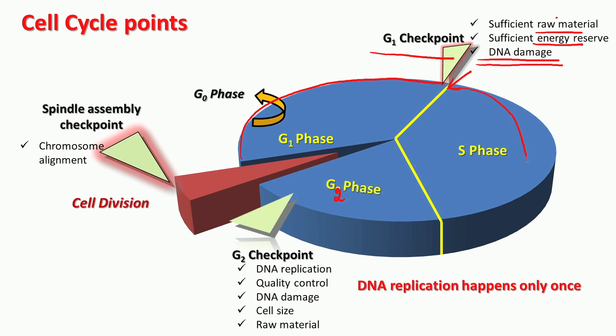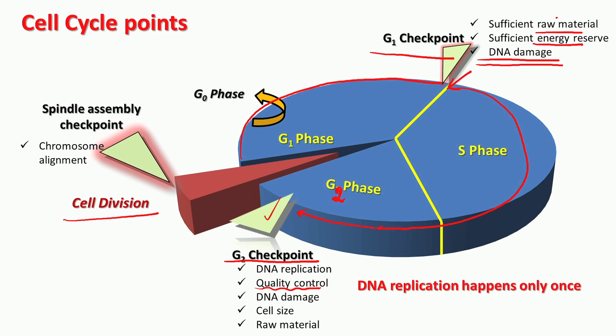Then the S phase happens, the DNA gets duplicated, passes on, goes to the G2 phase, right, and before the cell commits itself to the actual cell division, you have the second checkpoint, which is the G2 checkpoint. Now, in this checkpoint there is a quality control which takes place. These mechanisms make sure that no unnecessary mutations or errors have happened while copying the parent DNA.